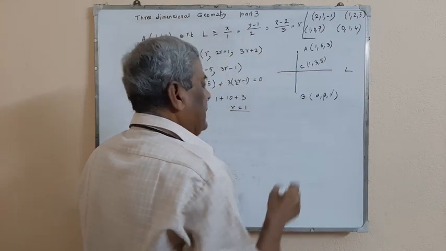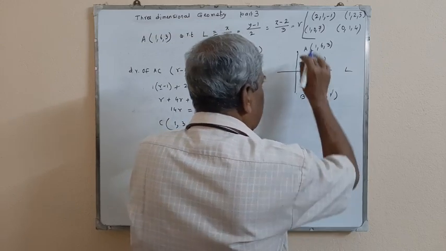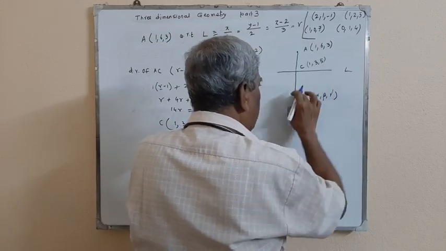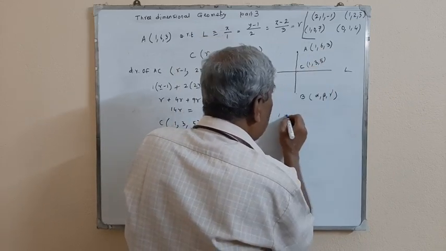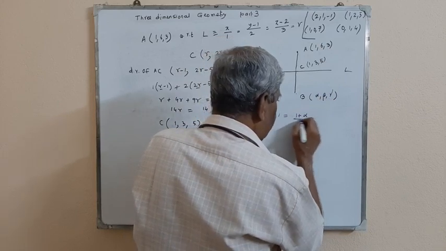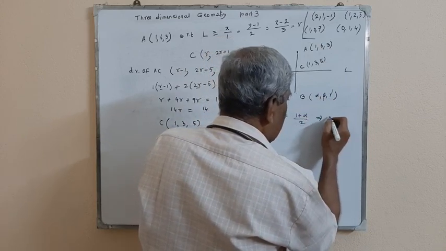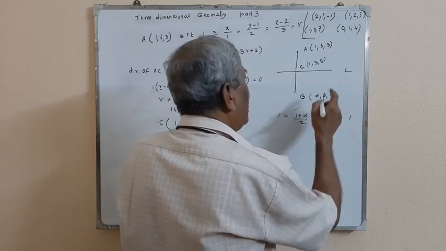To find B, the image point, it will be such that C is the midpoint of AB. Therefore, 1 is equal to (1 plus alpha) by 2. That gives us alpha is equal to 2 minus 1, that is 1.